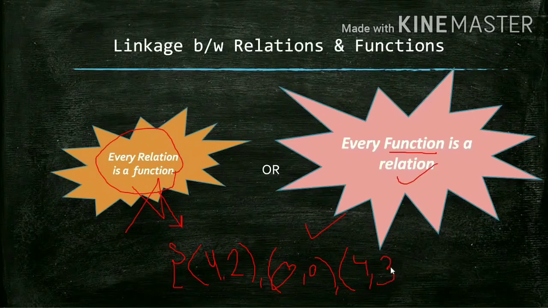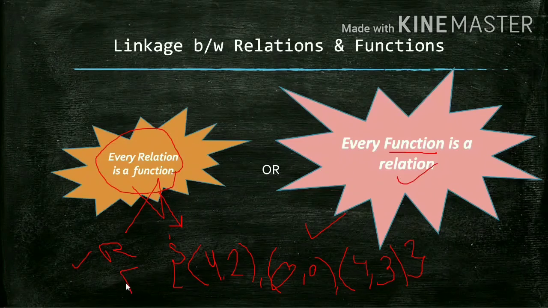Okay. A similar example I just constructed in the starting to explain the things to you. So here it is basically a set by these curly braces and containing these three ordered pairs. So it is definitely a relation, no doubt.